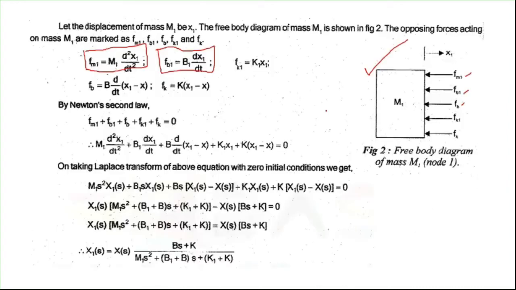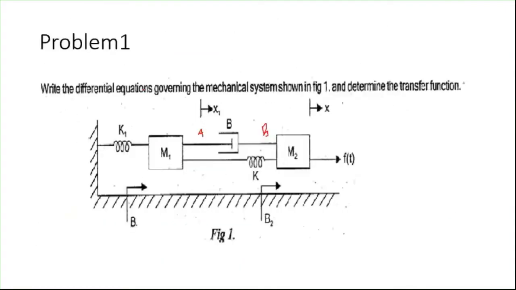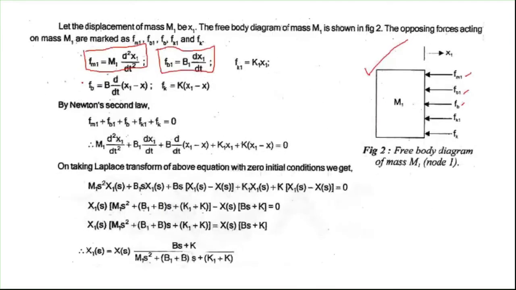Then what will be the equation? It is b into d by dt of x1 minus x. Since we are considering node 1 and at node 1 side the displacement is x1 and this is node 2, at the second side the displacement is x, then we will take b into d by dt of x1 minus x. That is the force equation.